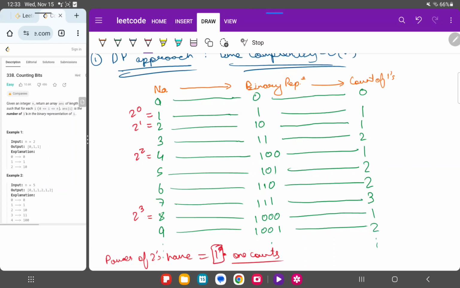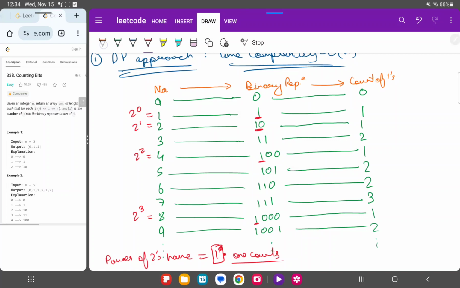Just 1. See, notice this is just 1, 2 raised to power 1, which is 2, again the number of ones in it is 1, the number of ones in the binary representation of 4 is 1, the number of ones in the binary representation of 8 is again 1, and so on and so forth. So this is one thing that we can clearly see.